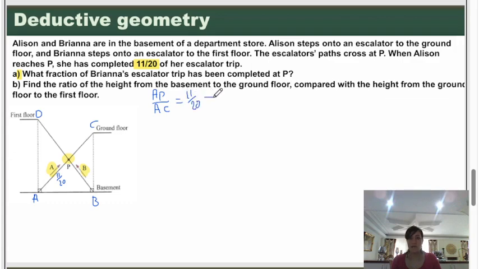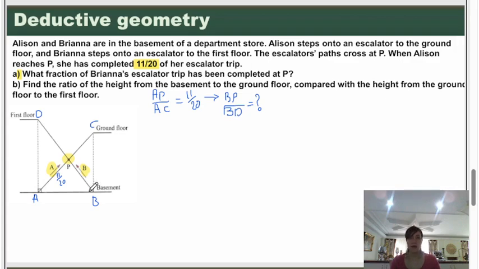For part A, we want to find, when Brianna arrived at P, what fraction of BD. So I say, what's BP over BD? I am going to find this fraction.